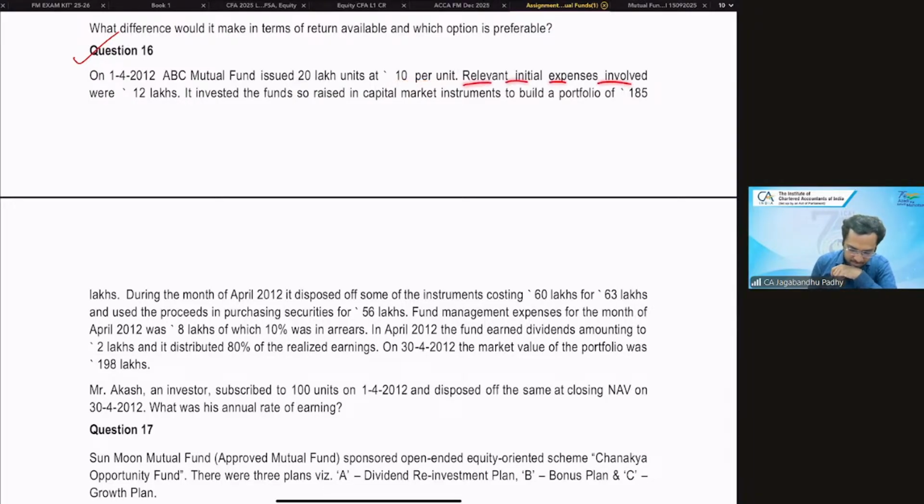Relevant initial expenses involved 12 lakh. It invested the funds so raised in capital market instruments and built a portfolio of 185 lakhs.